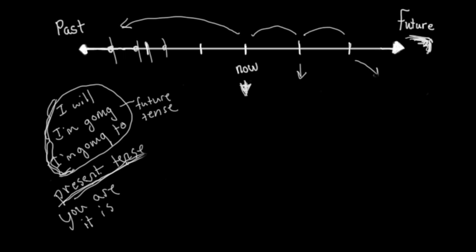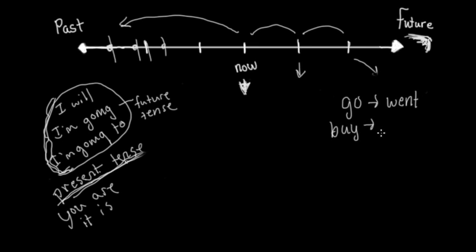We can't go over all of them in this class, but I can give you a couple of simple examples. Okay, so go, the one we've been talking about, in the simple past is went. And is this regular or irregular? Well, it does not have ed, so it is irregular. How about buy? The past form of buy is bought.